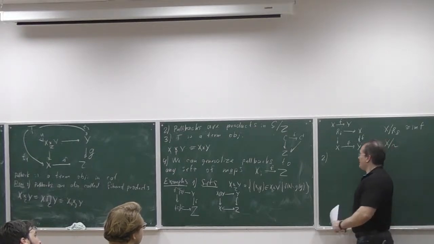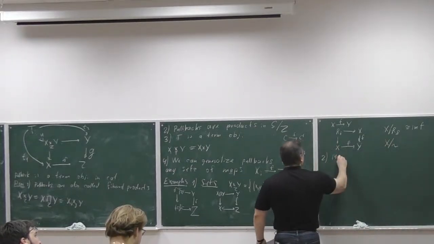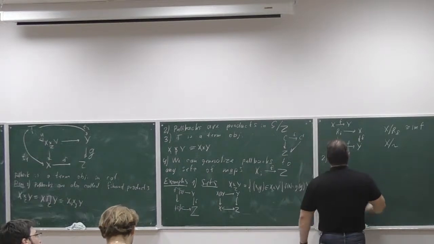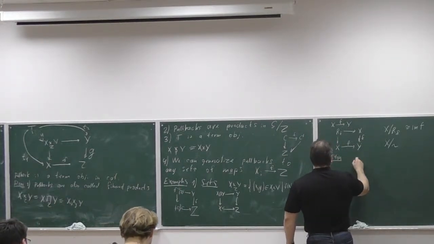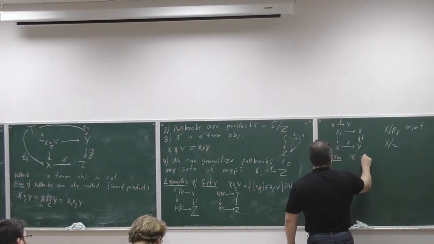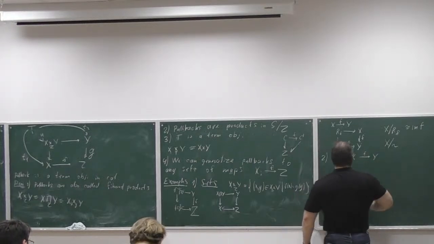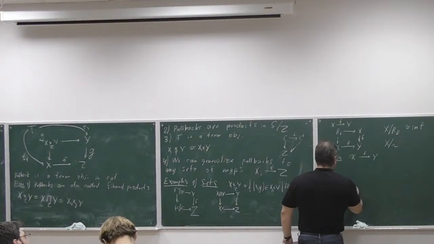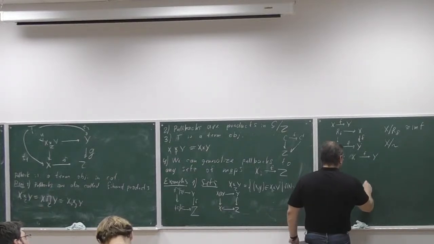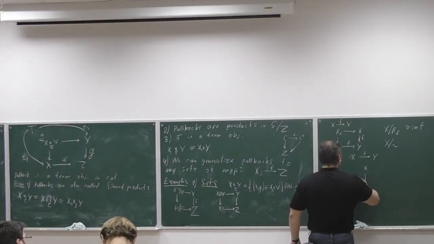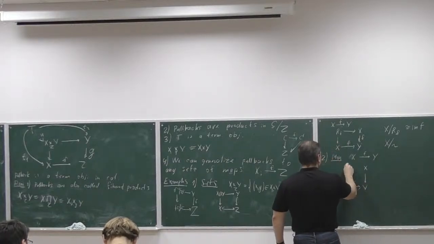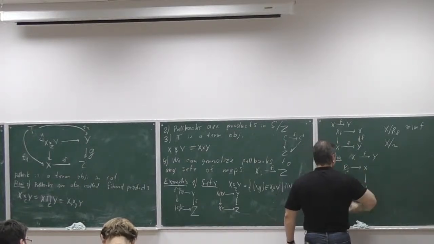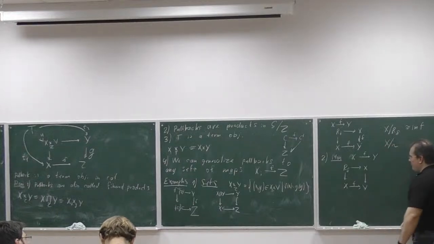Well, let's try to work this out. What if you take monoids and try to do the same thing? Let me use X and Y again for monoids now. Clearly everything works, right?